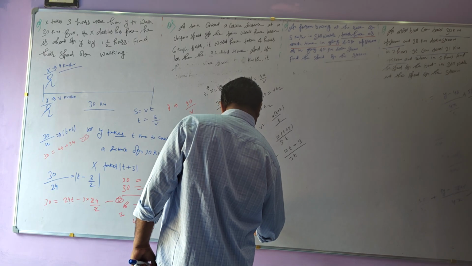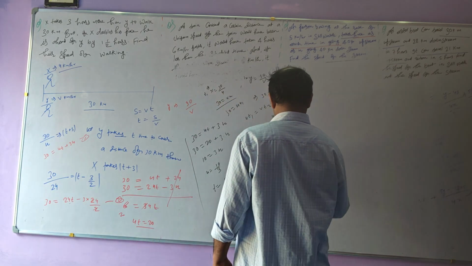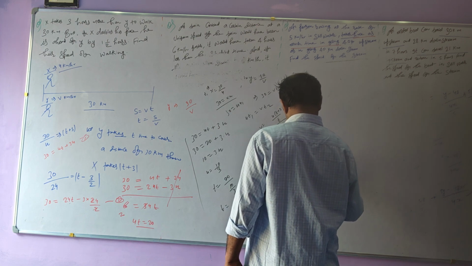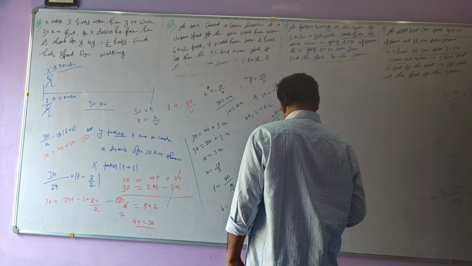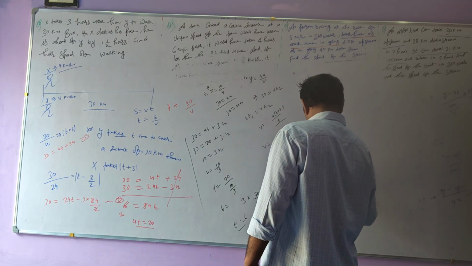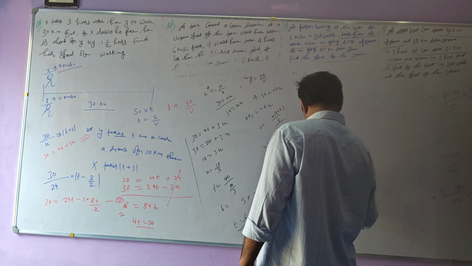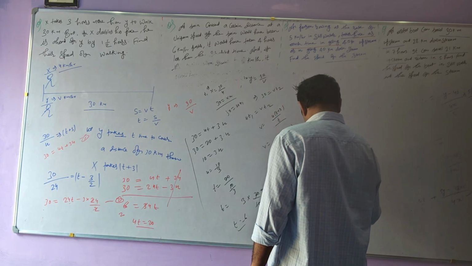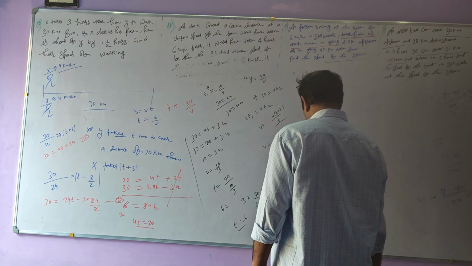T is equal to 6. Now v is equal to 10 into 6 plus 3, upon 3 into 6.